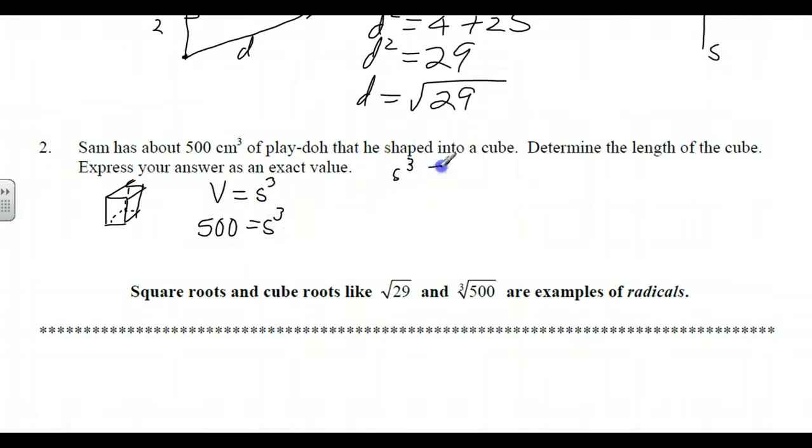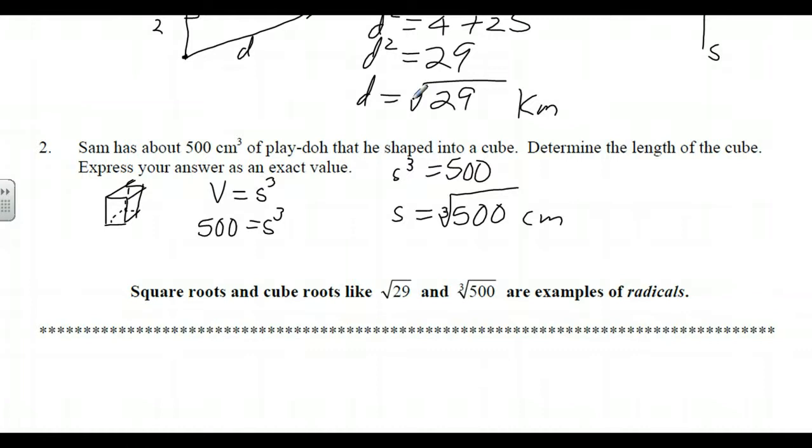So we write s cubed is 500, switching sides, and we're going to uncube, and that's called the cube root and indicated with a little 3 down there. Cube root 500. And that's in centimeters, as this up here is in kilometers. The exact distance is root 29 kilometers, and the exact distance here is cube root 500 centimeters.